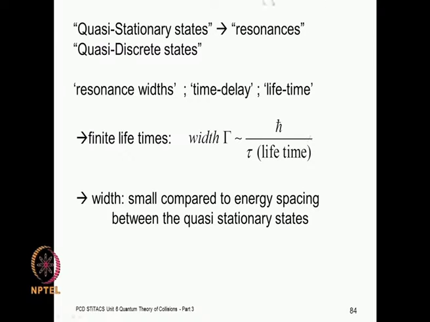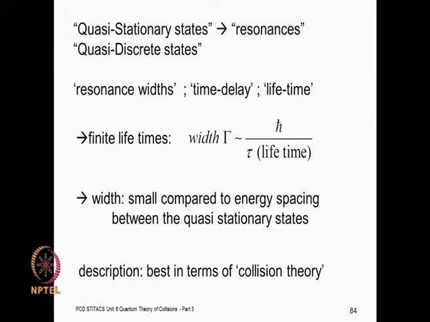So, you have this width which is given by a relation which is like the uncertainty principle. It is in fact often referred to as the uncertainty principle, but fundamentally it is slightly different from the QP uncertainty because of the fact that time does not have an operator, it is only a parameter.